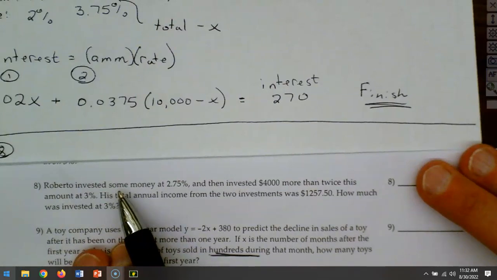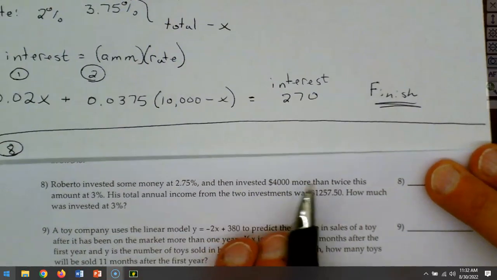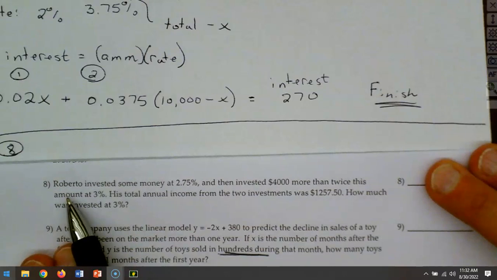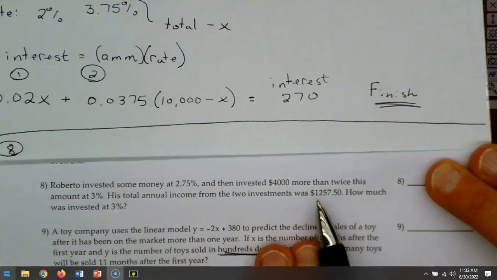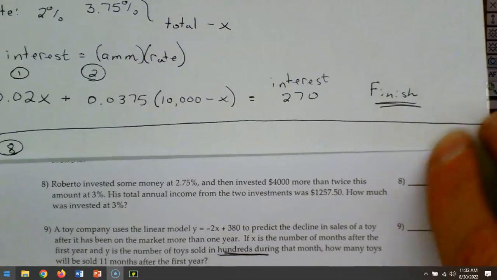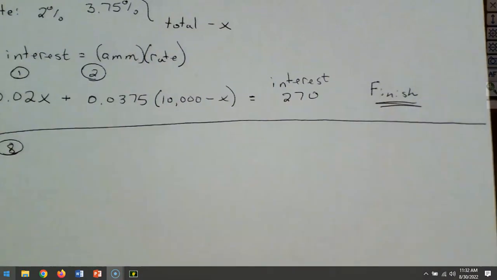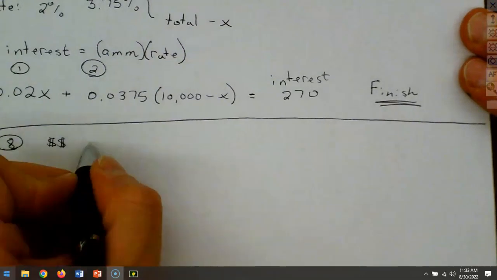Roberto invested some money, 2.75%, and 4,000 more than twice this amount at 3%. He made $1,257.50. How much did he invest at the 3%? So very, very similar to the last one. The setup is a little bit different for the amounts.